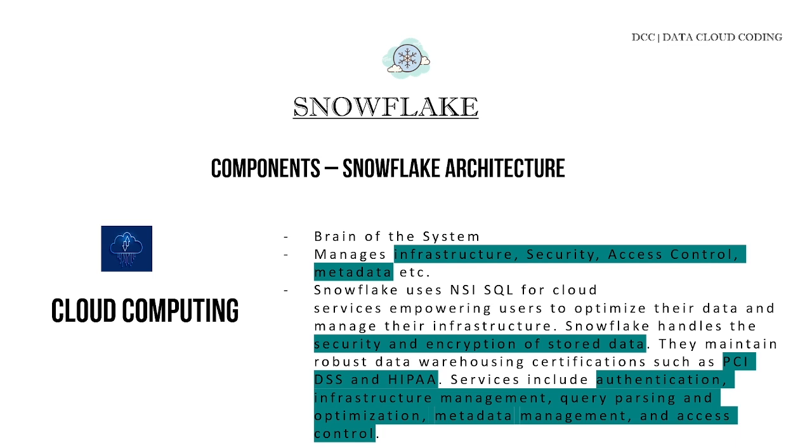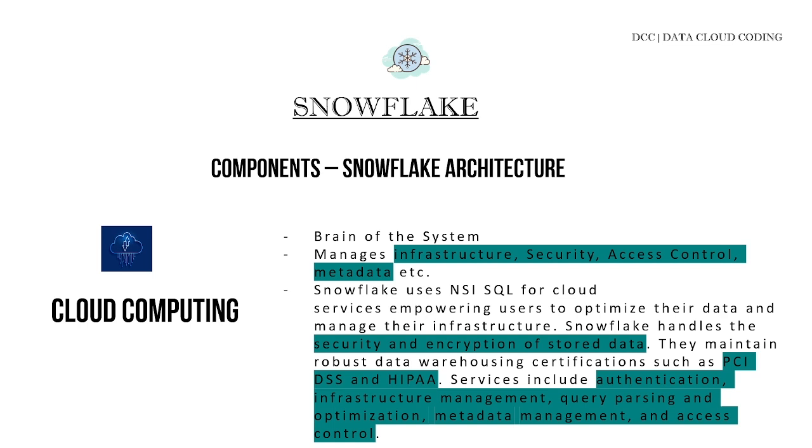This layer manages the infrastructure, security, access control, metadata, and so on. So the cloud services layer is mainly responsible for managing the security, access control, infrastructure, and metadata. Snowflake uses ANSI SQL for cloud services, empowering users to optimize their data and manage their infrastructure.